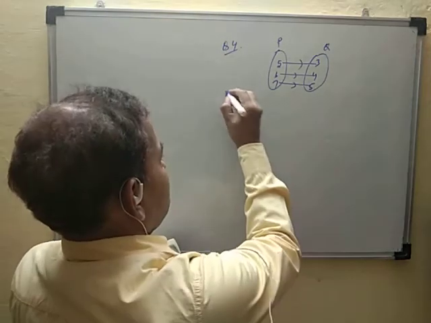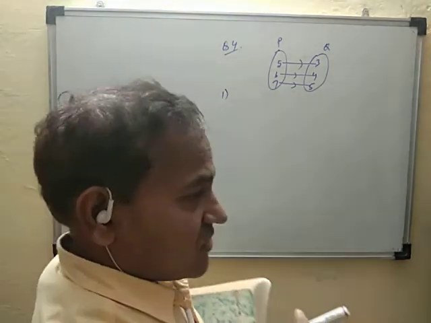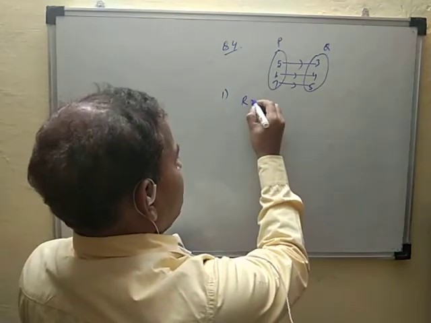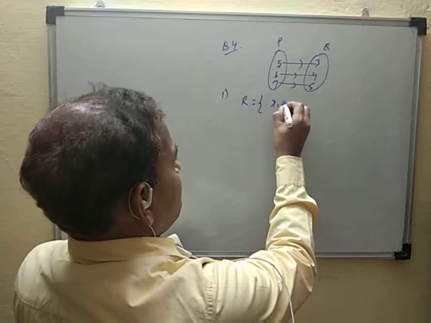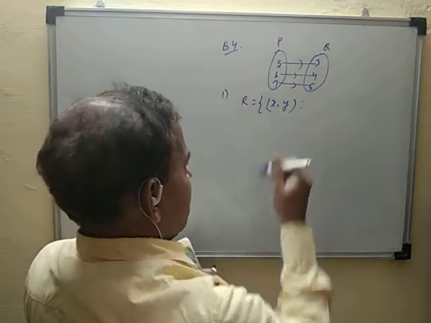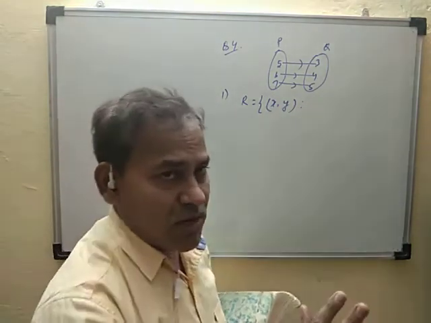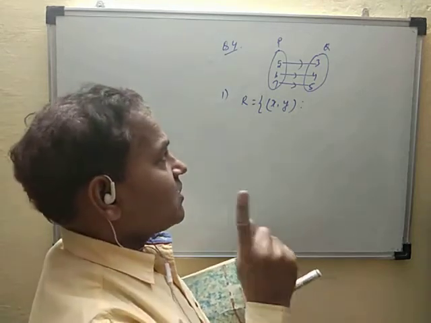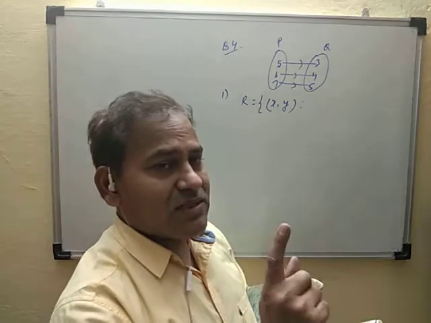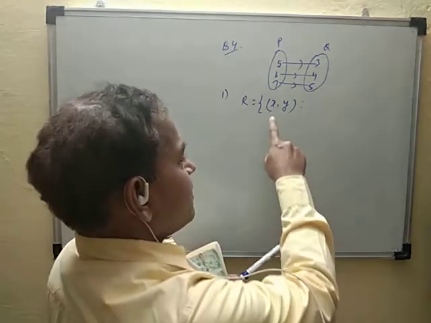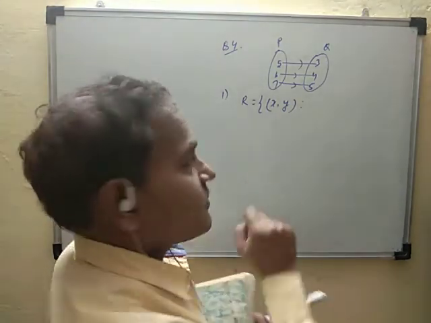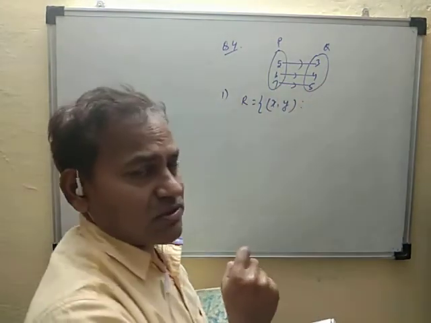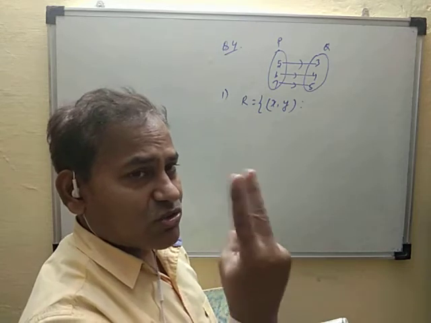First point, write this relation in set builder form. In set builder form, first write R is equal to {(x, y) such that, this much will be common. Now check what the relation between x and y is. Here 5 is related to 3, so their difference is 2.